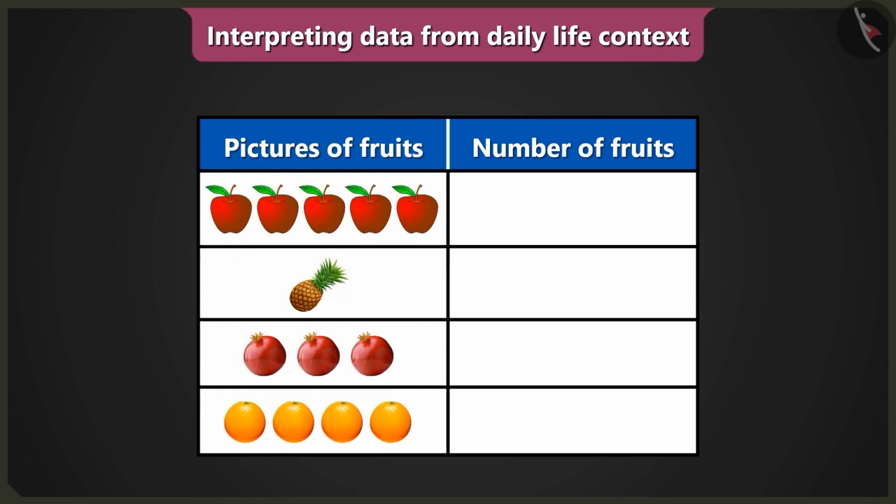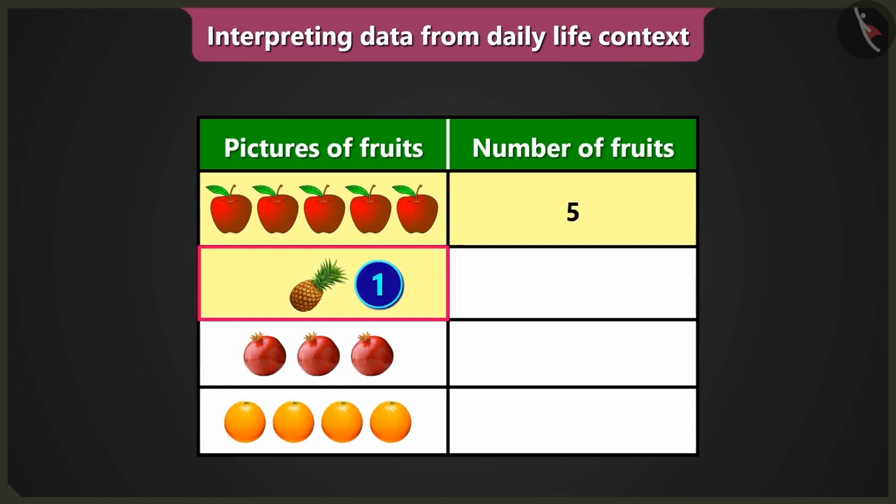Yes, but how will I know the number of fruits without counting them? It is easy. How many pictures of apples are given in this table? There are 5 pictures of apples. Yes, so we have to write the number of apples 5 in the column of number of fruits.